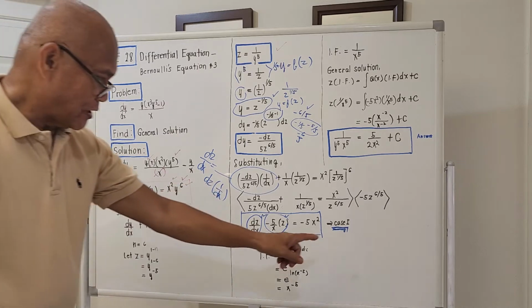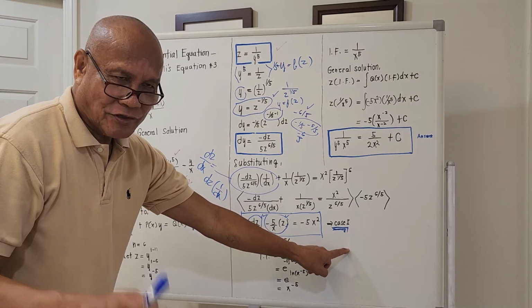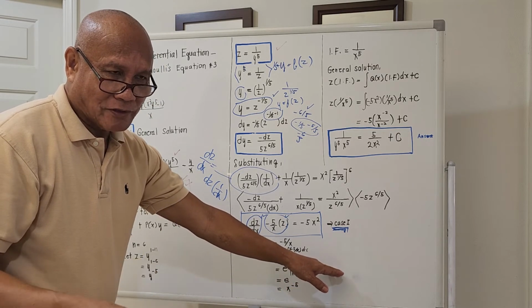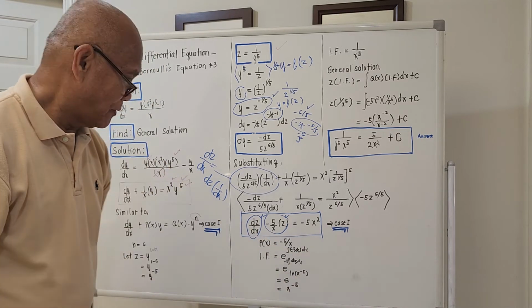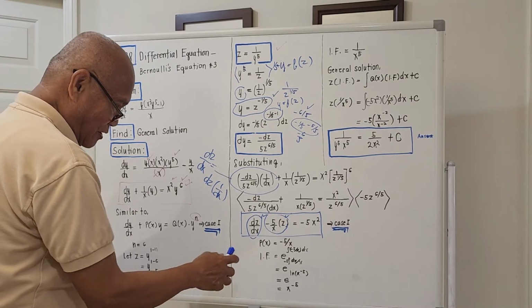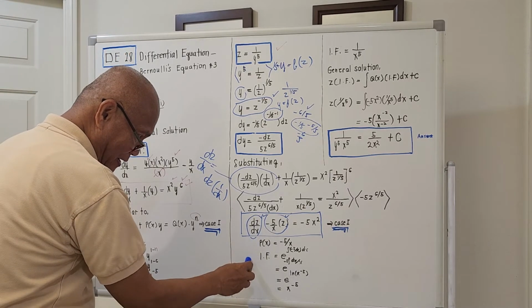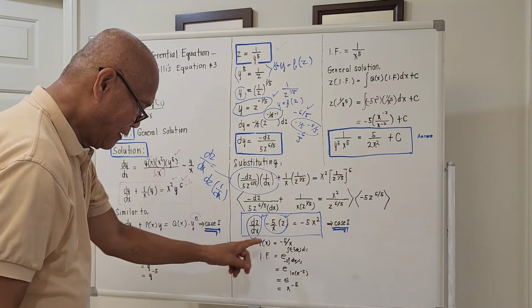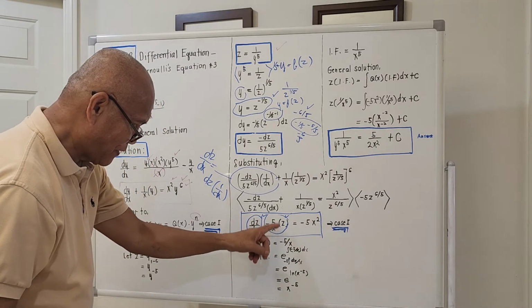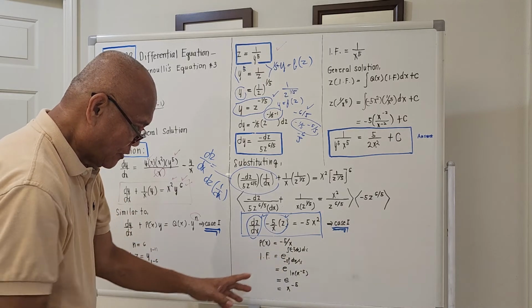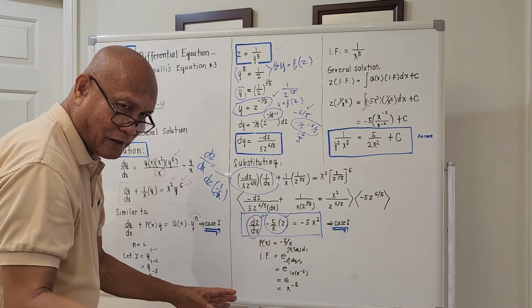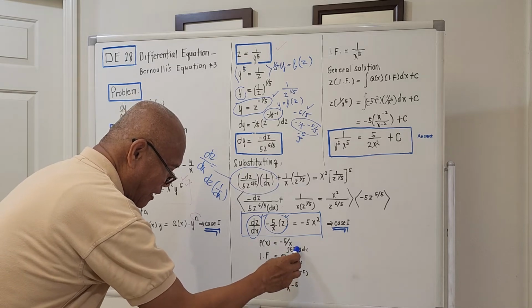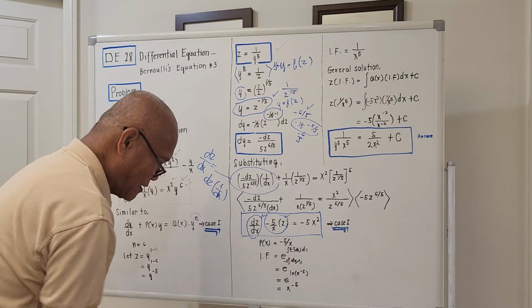And it falls under case number 1 in the solution of a differential equation using integrating factor. So this is actually similar to the form dz dx plus p of x times z equal to q of x. P of x is actually negative 5 over x. So the required integrating factor for this will be e raised to the integral of negative 5 over x times dx.